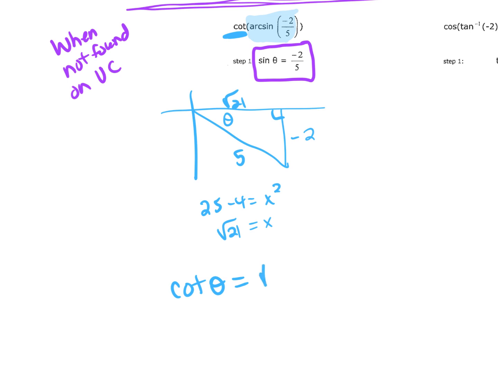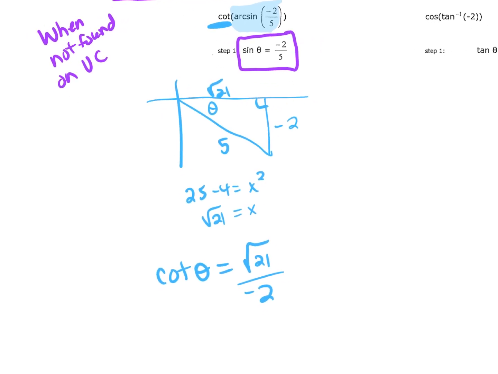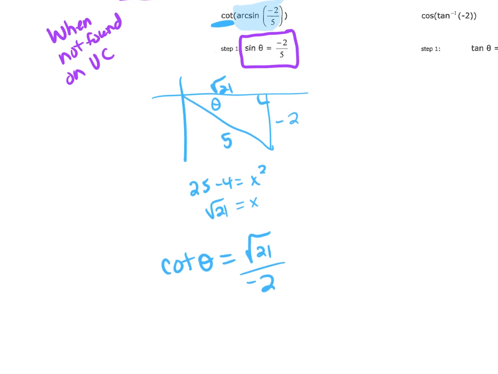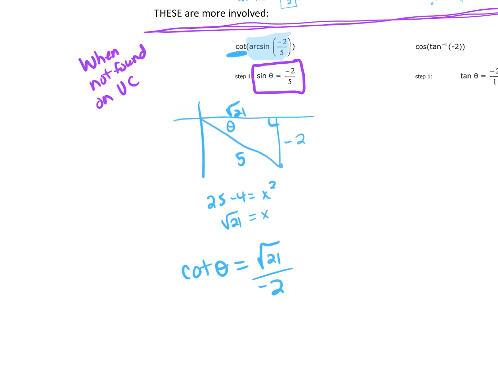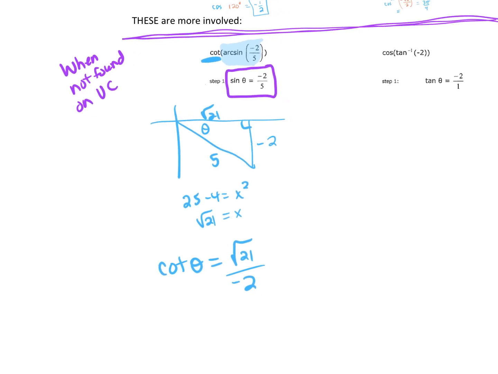So we end up with the square root of 21 over negative 2. You can put that negative anywhere, as long as you just have a single negative. Okay, questions on that process? It's a little bit more involved. It's kind of extending our thought process a little bit, using what we already know, though, about drawing our triangles.